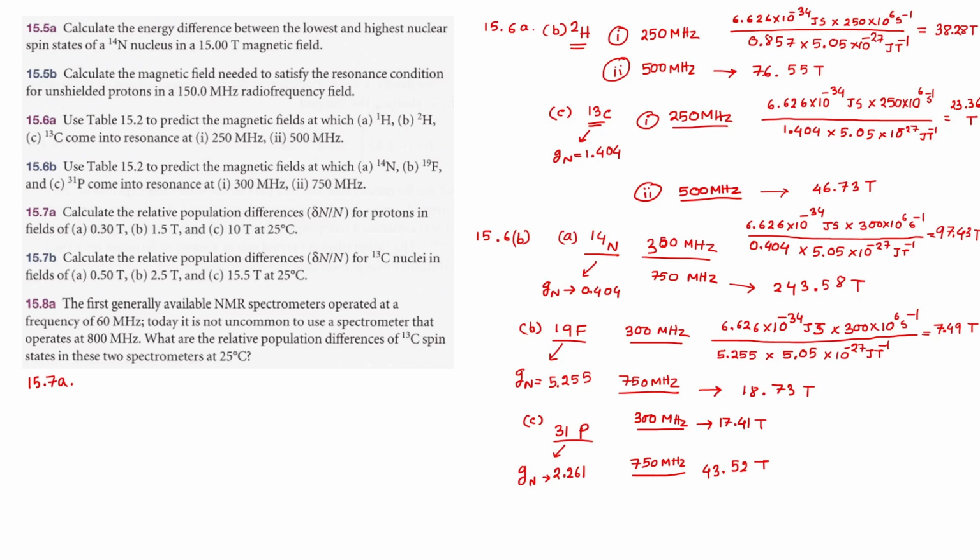Calculate the relative population differences delta n by n for protons in fields of different magnetic field, at temperature given as 25 degrees Celsius. So again here we will use Boltzmann distribution, right?